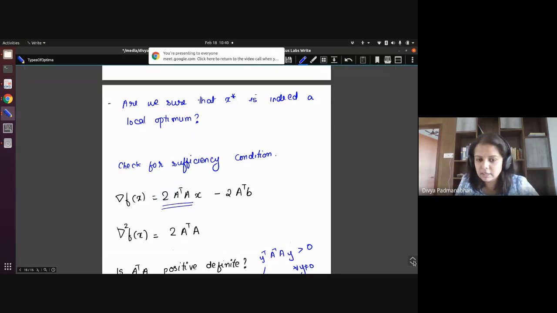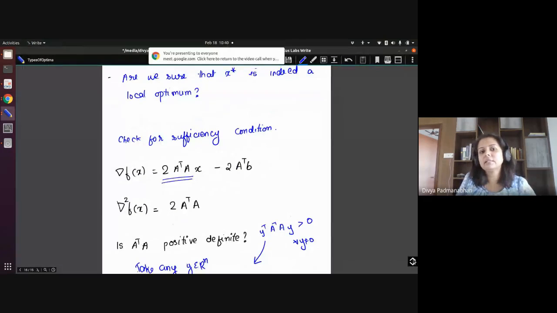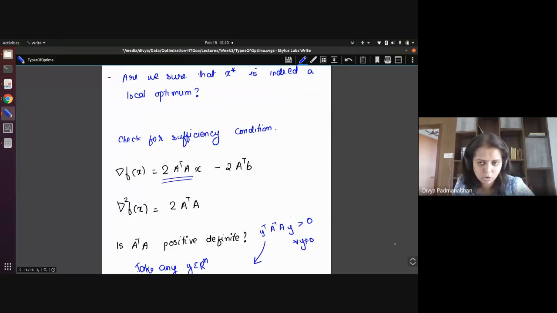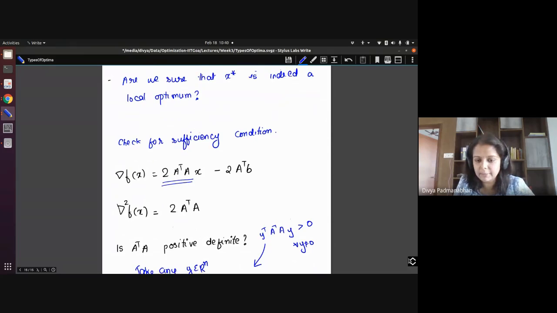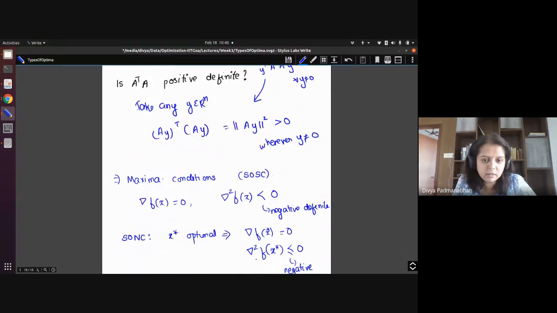Now, whatever we discussed so far was for minimization problems, when we wanted to find a local minimum. Even for finding maxima, it turns out you have analogous conditions. A necessary condition is that the gradient is 0 at the local maximum. For the second order sufficiency condition, instead of checking for positive definiteness of the Hessian, you check for the negative definiteness of the matrix.